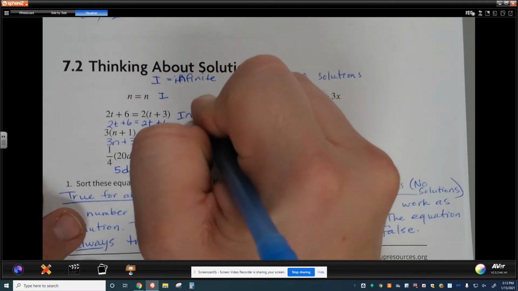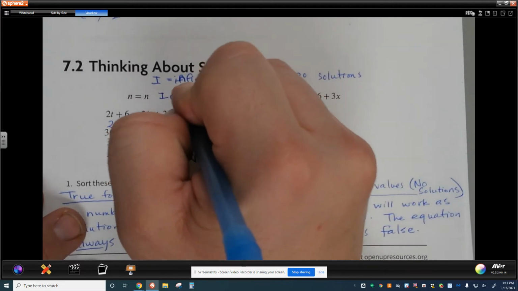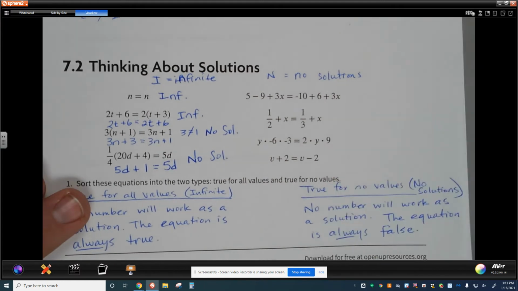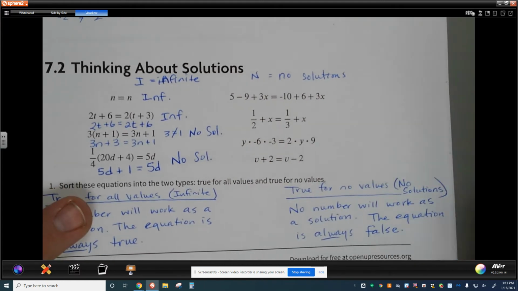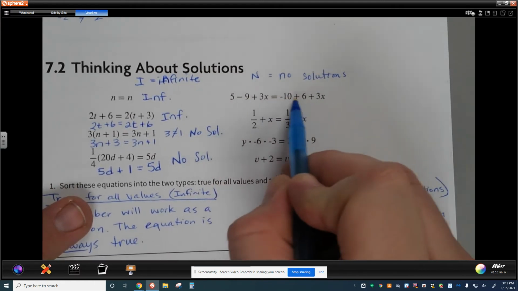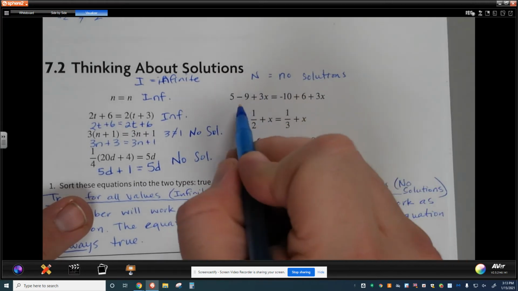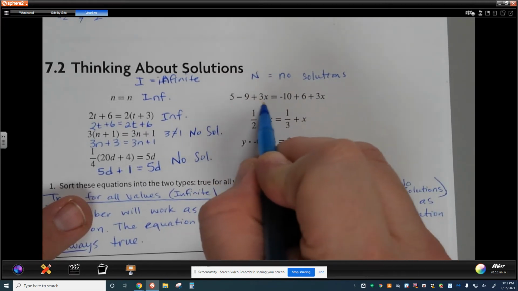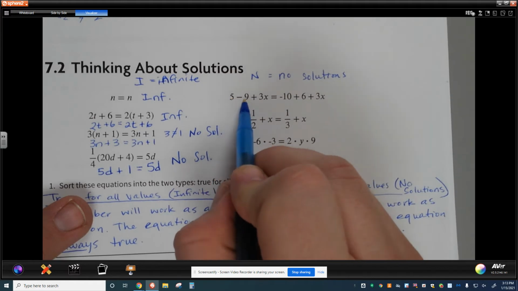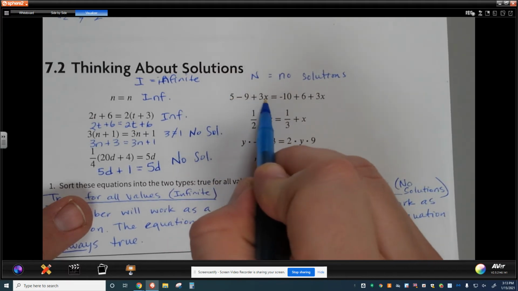And then we'll just call this one infinite. Looking at the next one, a little bit longer expressions, but I do see constants in here and constants in here. We need to combine the like terms, which means that they can't have, like in this case, there's no variable attached to it, where there's a variable here.